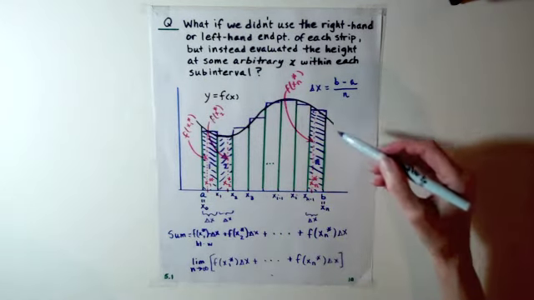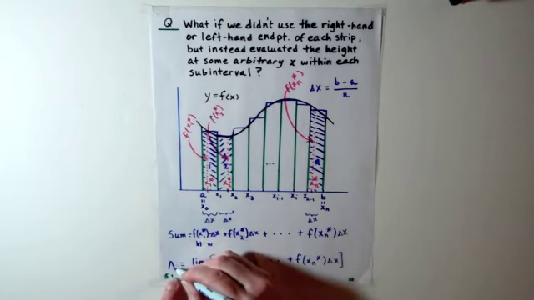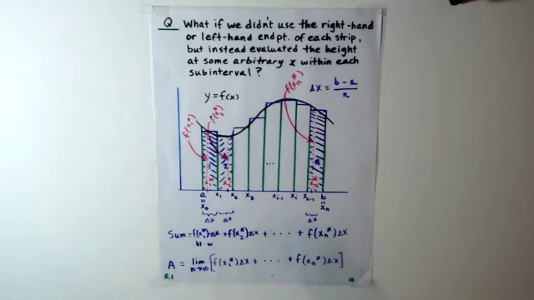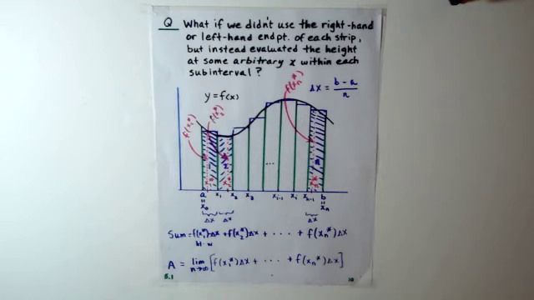Again, as long as f is continuous on the interval from A to B, you'll get that same area that we define to be the limit as n goes to infinity of the Rn, where you always choose the right-hand side. So this limit will exist, and it will equal exactly the same value as the limit as n goes to infinity of Rn, and exactly the same value as the limit as n goes to infinity of the Ln.